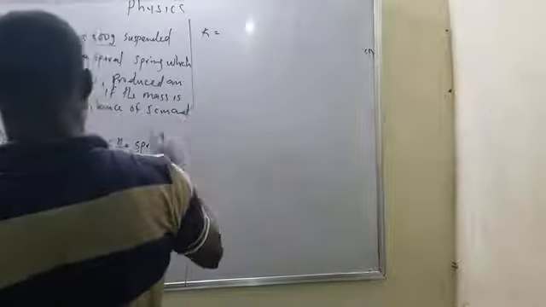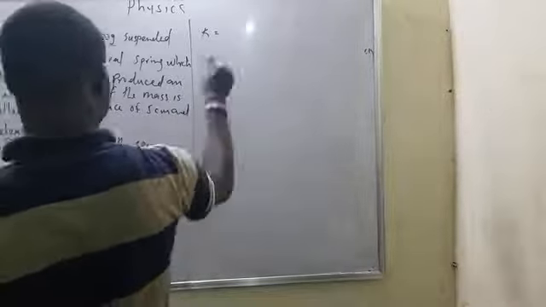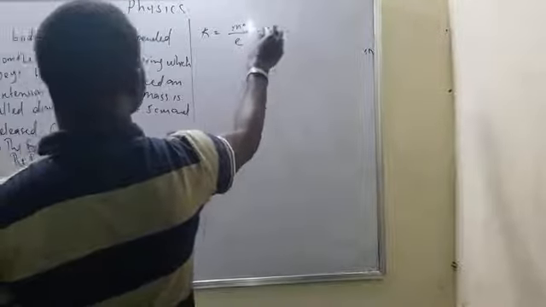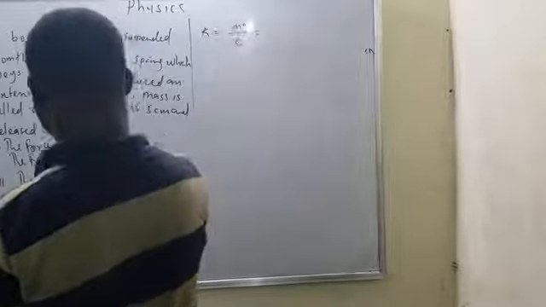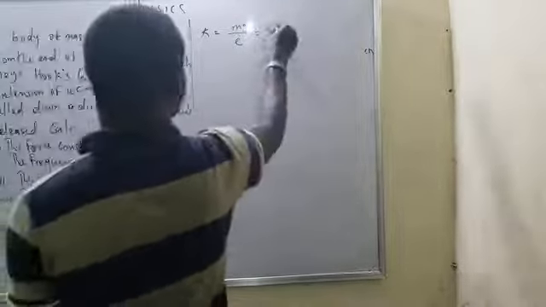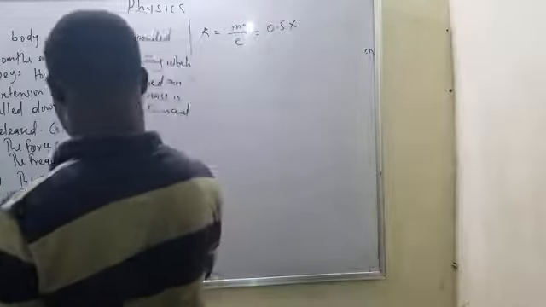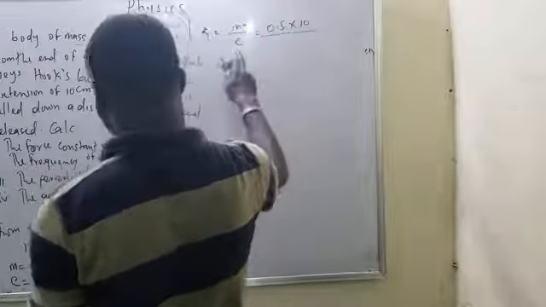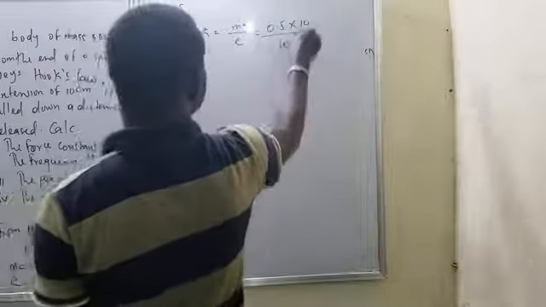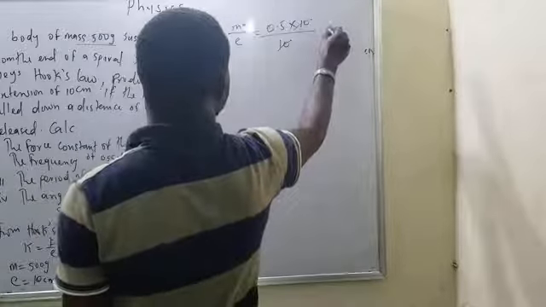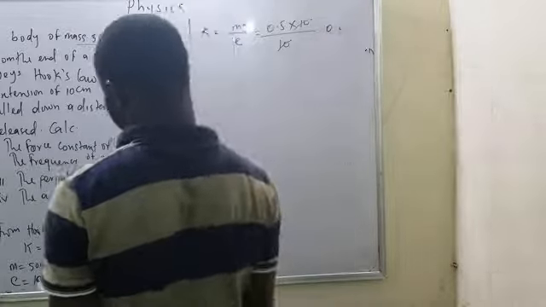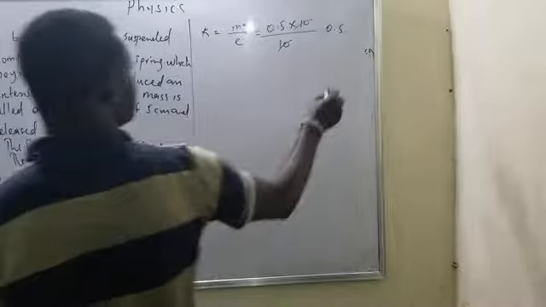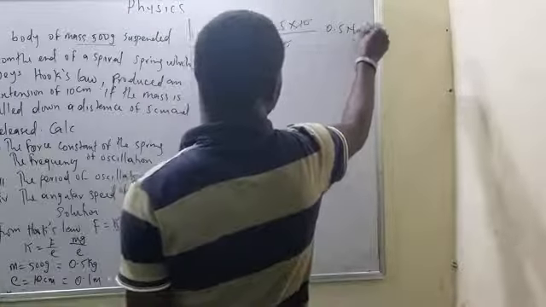It means I'll be having mg all over e. We all know that my m is 0.5 multiplied by 10 meter per second squared divided by e, 0.1. The answer is 50 Newton per meter.